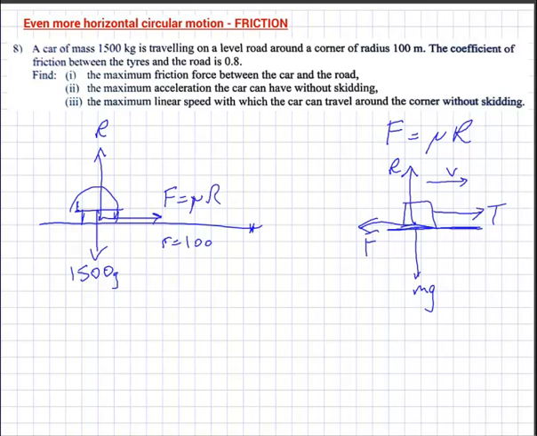So in the absolute basic scenario of the car turning, the friction is the thing that's going against where it wants to go. It wants to go straight on, and the friction is going against that. It's pulling it in. The friction is acting against the direction that it wants to go in.